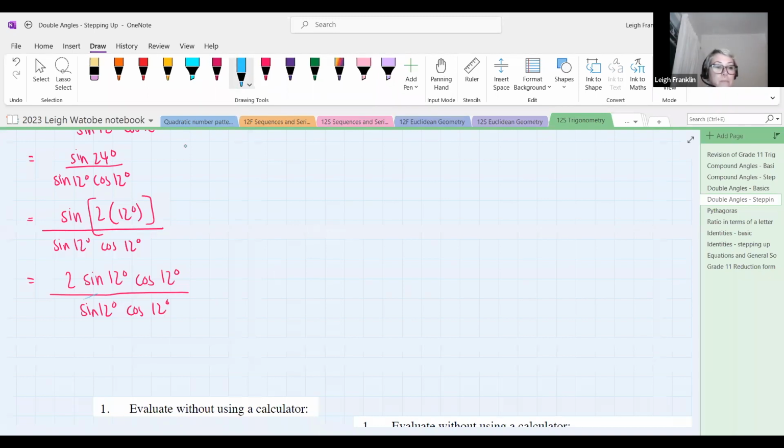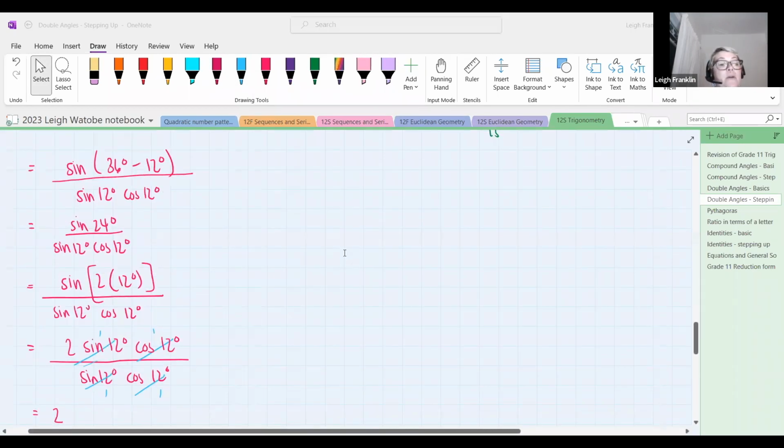They can cancel each other out and be left with 2. There you go. So I would cancel those out because anything divided by itself is 1. And as she says, my final answer would be 2, which someone popped in the chat. So you are 100% correct. Yes, Big V, that is quite right. Thank you, Zandile. Very well done.